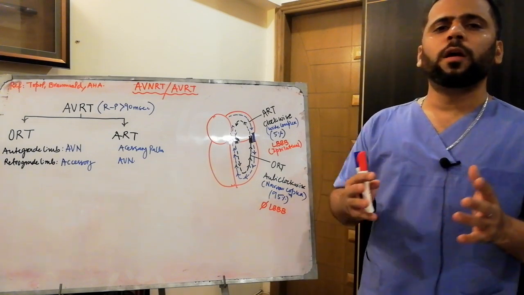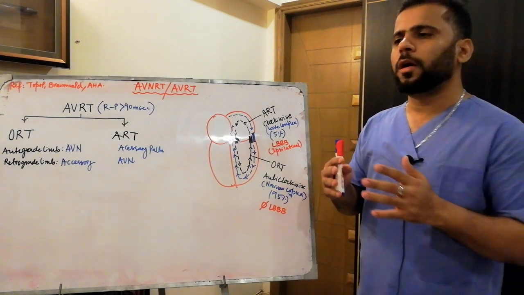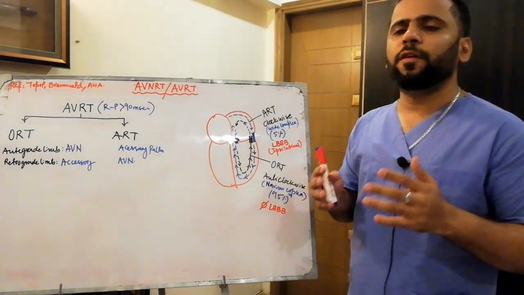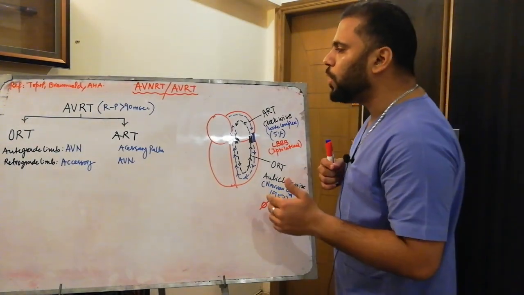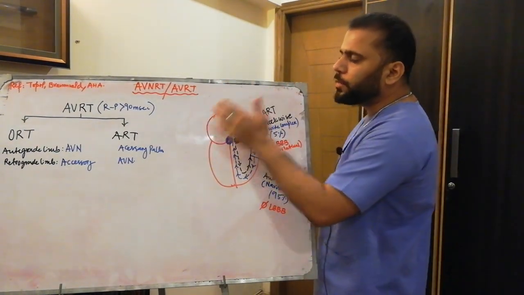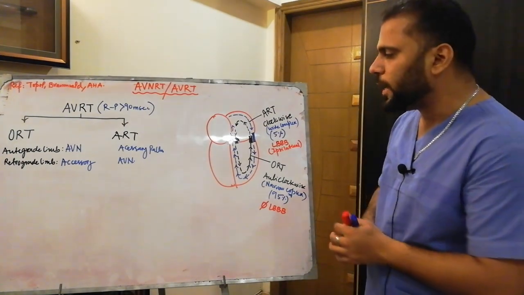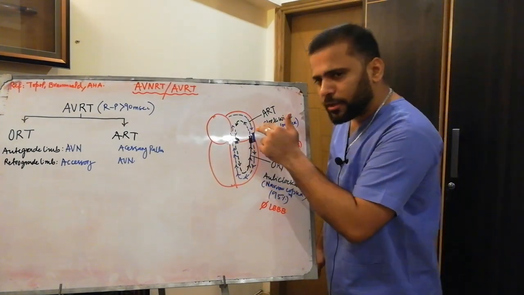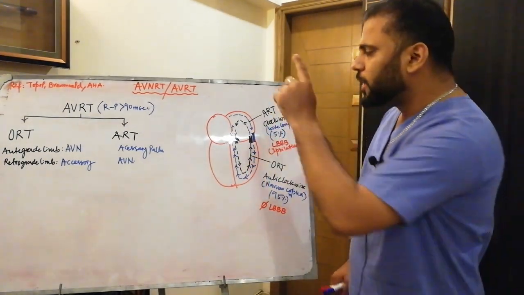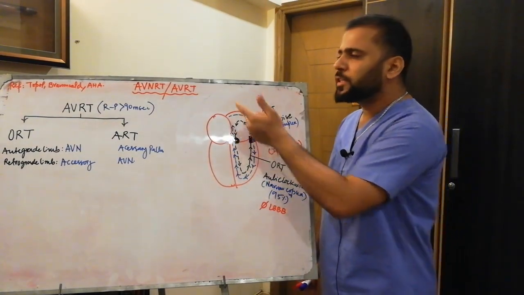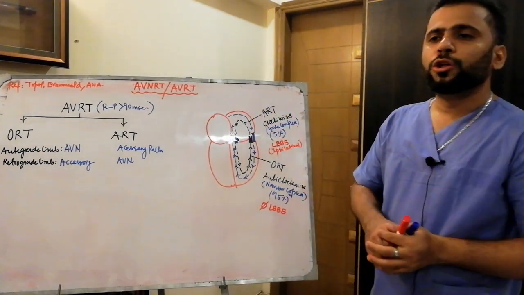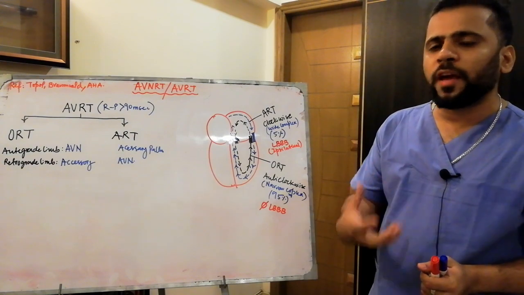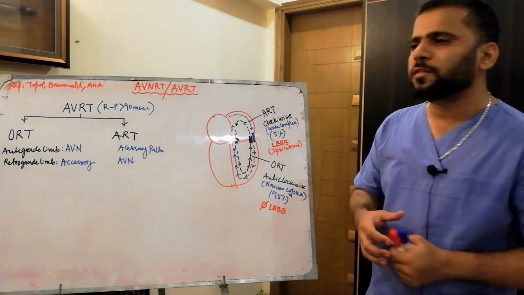That's why we were naming it an AV nodal reentrant tachycardia. But atrioventricular reentrant tachycardia shows that the node is involved, but one limb of this reentrant tachycardia should be an accessory pathway. Here the role of the accessory pathway comes.